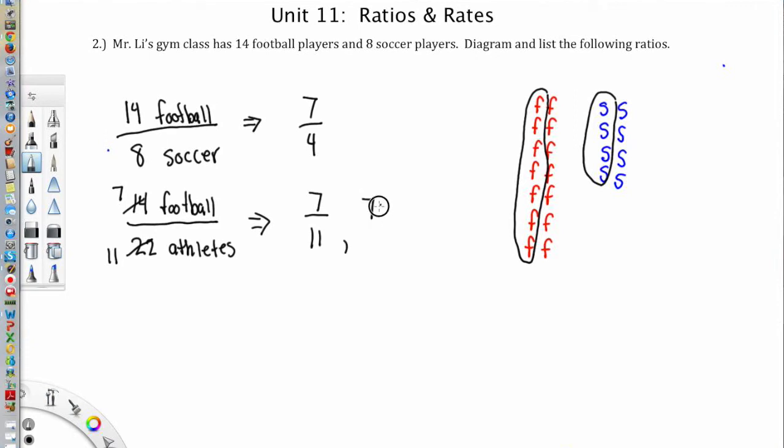We can also write it that way, or we can write it out using a colon, or write it out as a phrase. Any of these forms are fine.